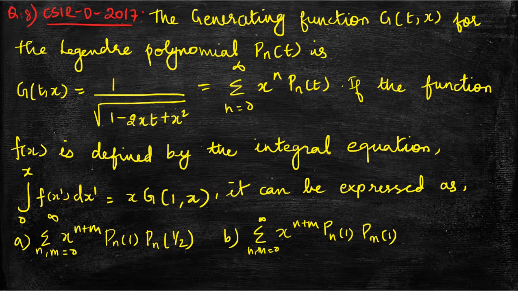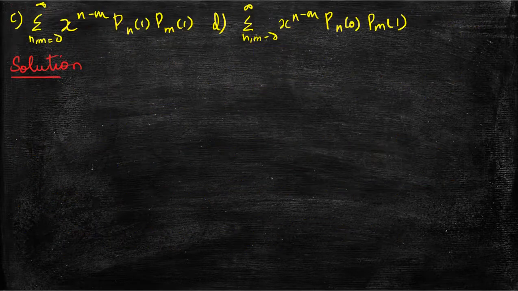Everywhere you see Pn, Pm, that is Pn of 1, Pn of half, x bar n comma n. And the one thing that the integral equation gives is x g of 1 comma x. So first we will have to find g of 1 comma x.